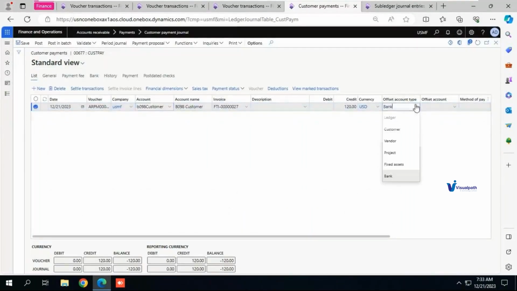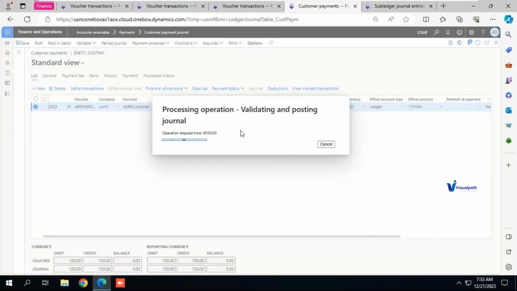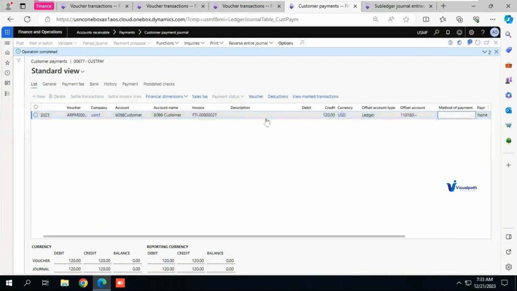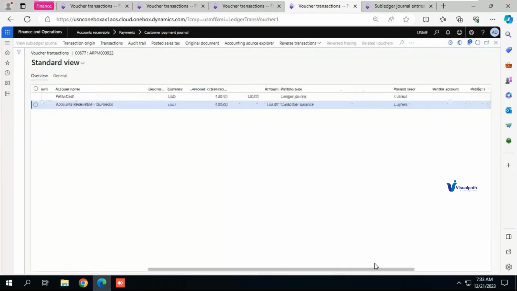You can select ledger and cash account 110, 180. And post. While doing customer payment means you are receiving money from the customer, so your cash or bank balance will be increased. So cash or bank account debit to customer account credit.